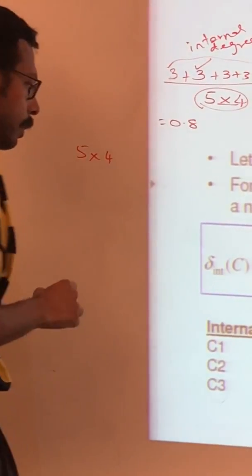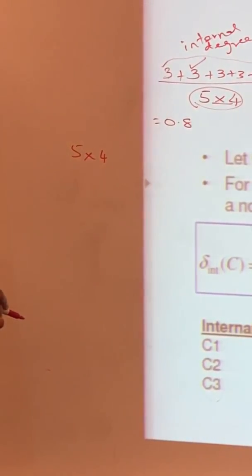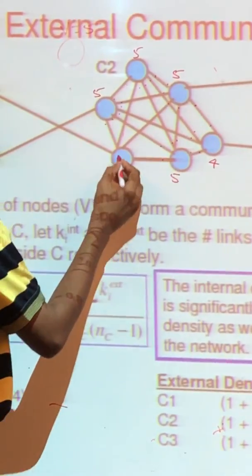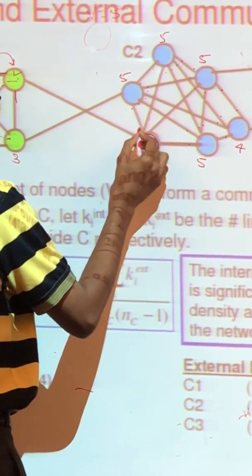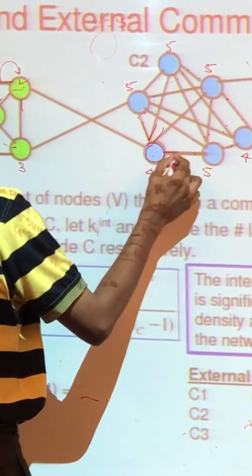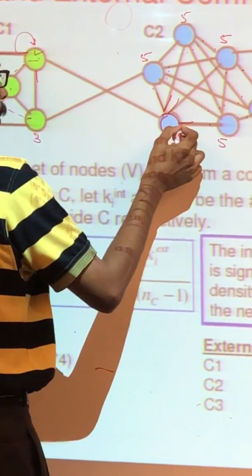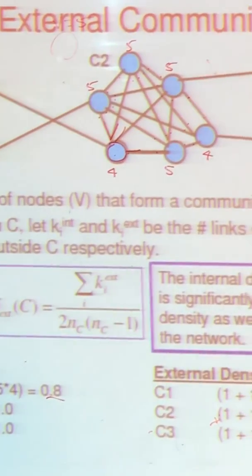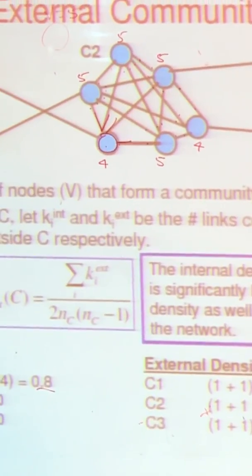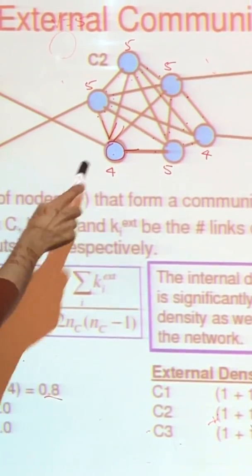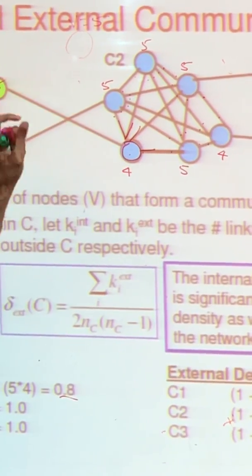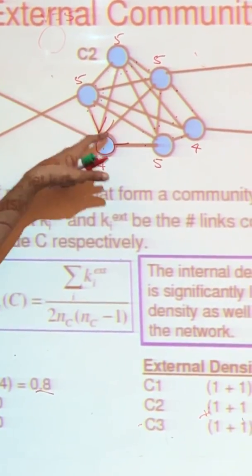Sir, did you take adjacent edges? What adjacent edges? Like how you got 5, 4? Okay, so let us pick up this vertex. You have 1, 2, 3, 4. So these 4 edges go to vertices within the community. From this vertex's point of view, it has total degree 5 because it has 5 edges, but only 4 of them go to vertices within the community.